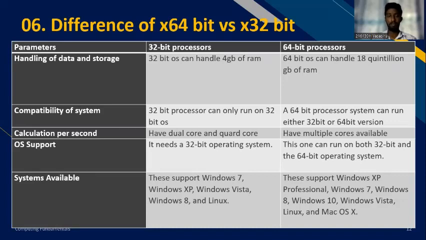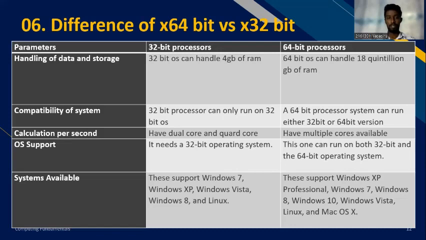Addressable space. 32-bit processor has an addressable space of 4 GB. 64-bit processors have an addressable space of 16 GB. Calculations per second. 32-bit processor systems have dual core and quad core versions. 64-bit systems can have multiple processes available.